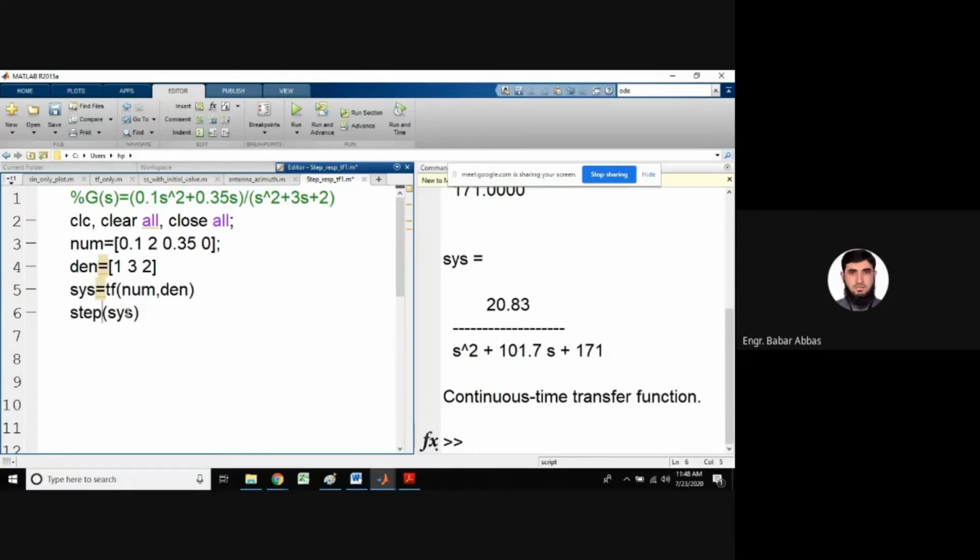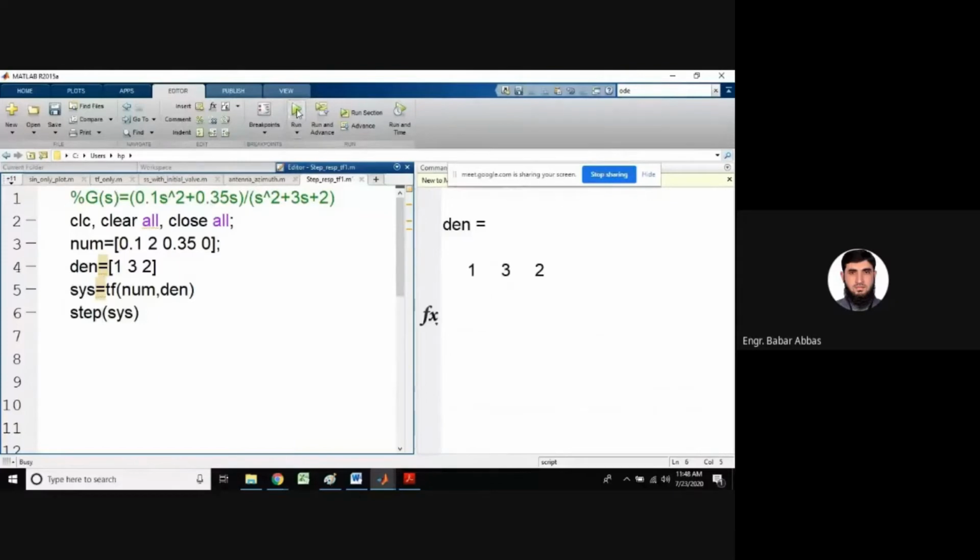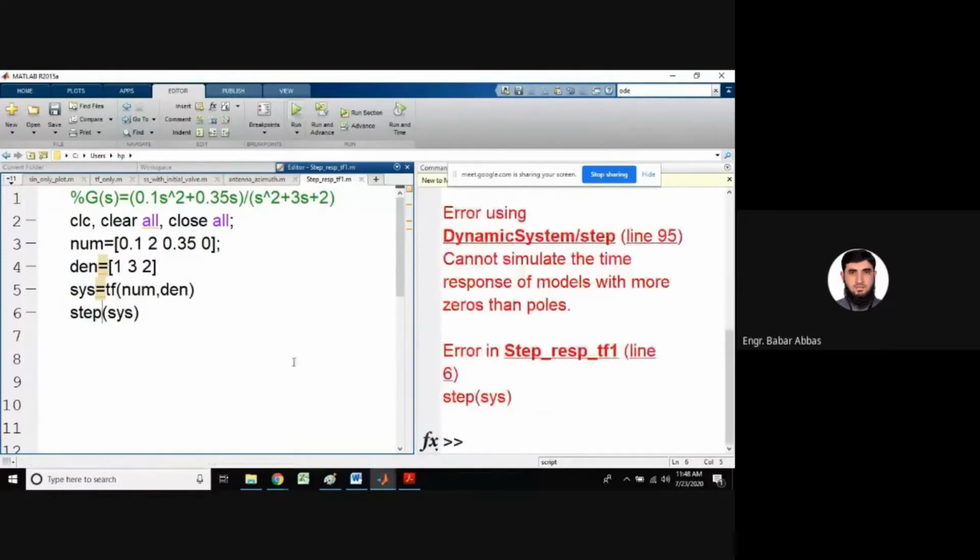So let us see its step response. This is the transfer function. And the error says the dynamic system cannot simulate the time response of models with more zeros than poles. Okay, so there is a mistake here.